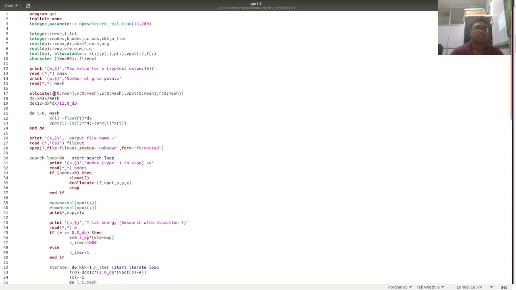Then I am assigning the size of those arrays, let's say x, y, p, v (potential) and f, so we will know which array is associated with which quantity. Then you have x max and mesh, the number of grid points and the maximum value for x, and the minimum value will be assigned to be 0.